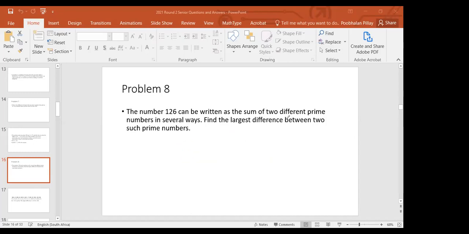Previously, we had a sum of two primes. Now there's a difference. So 126 can be written as a sum of two different prime numbers in several ways. Find the largest difference between two such prime numbers.